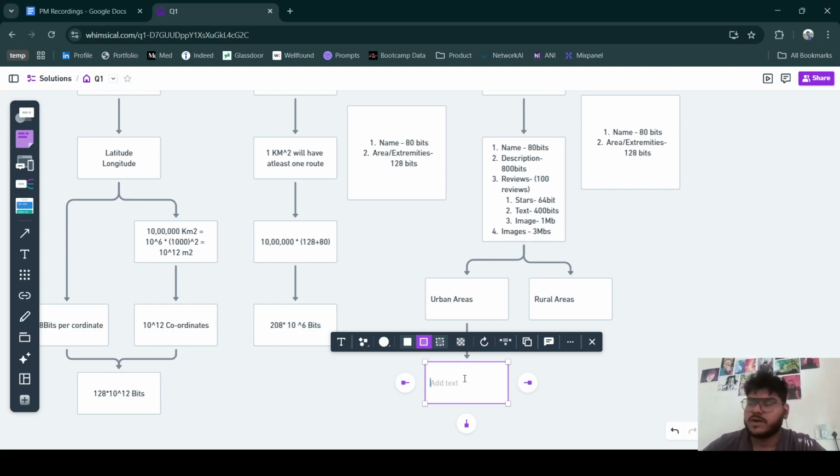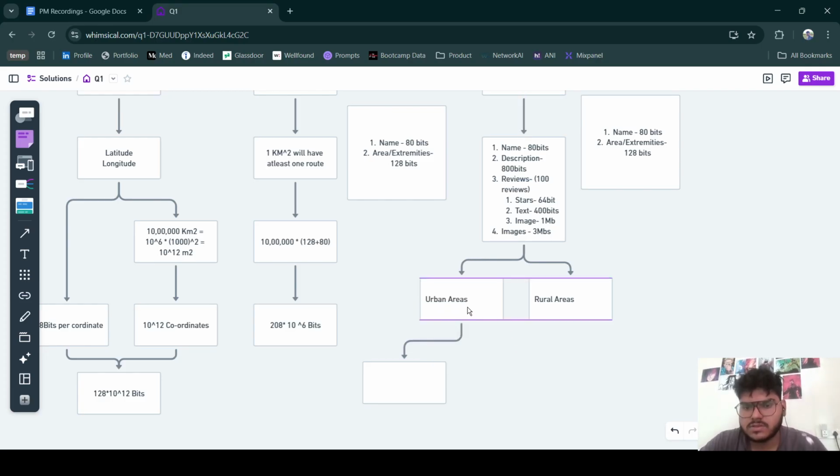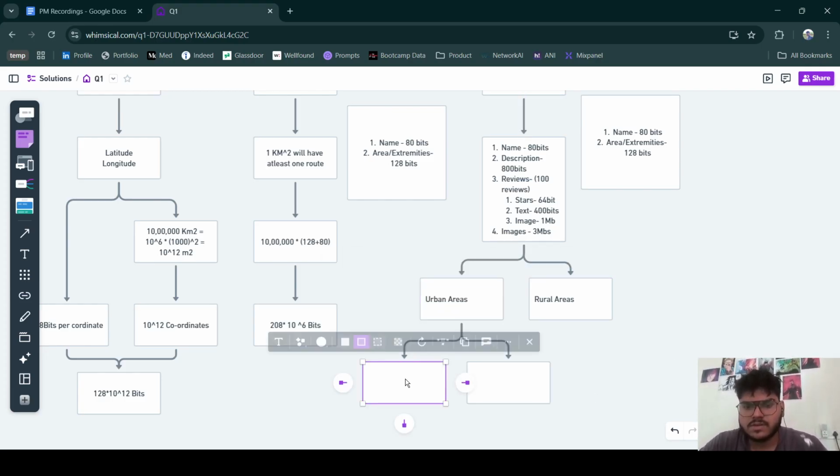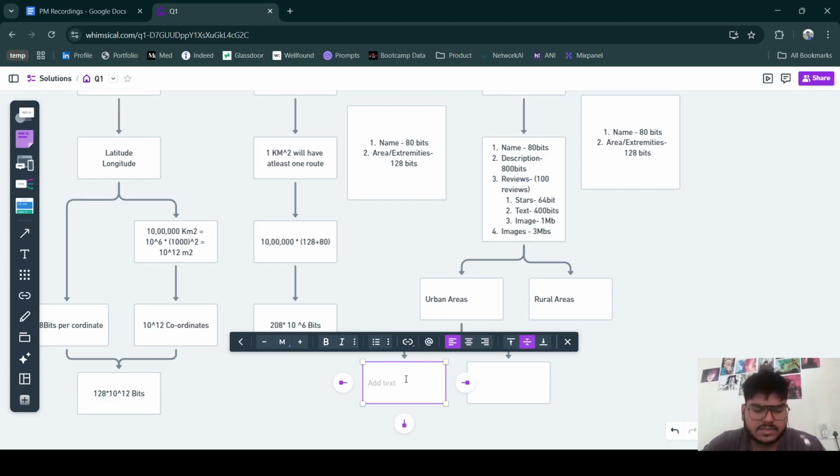So if I'm assuming 100 meters square, there will be two types of areas. It will be highly congested, so high density.